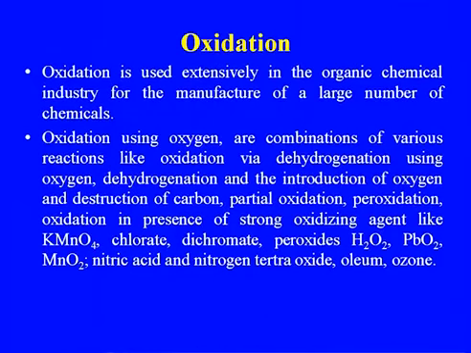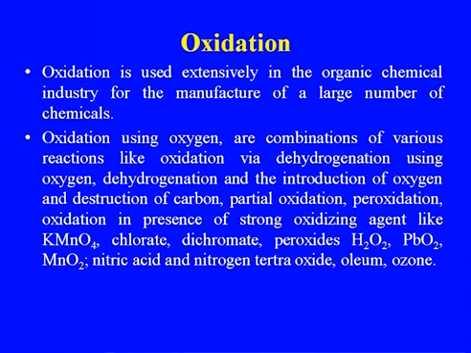Oxidation is again an important reaction in any chemical process industry at various stages. Just one typical example is ethylene to ethylene oxide, the oxidation of ethylene. Oxidation is used extensively in the organic chemical industry for the manufacture of a large number of chemicals.